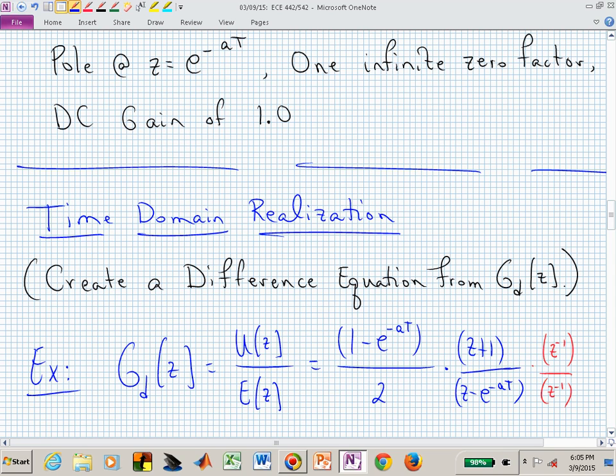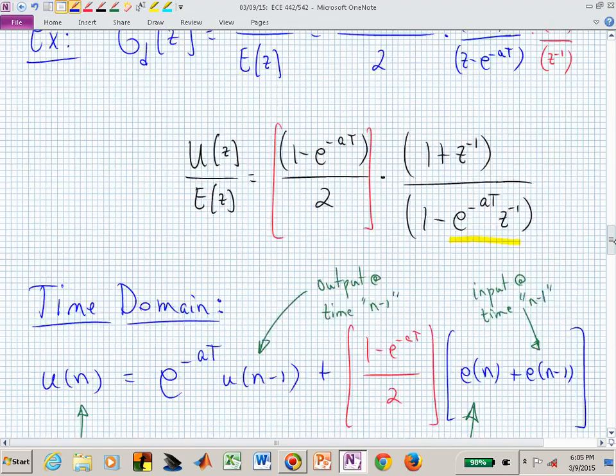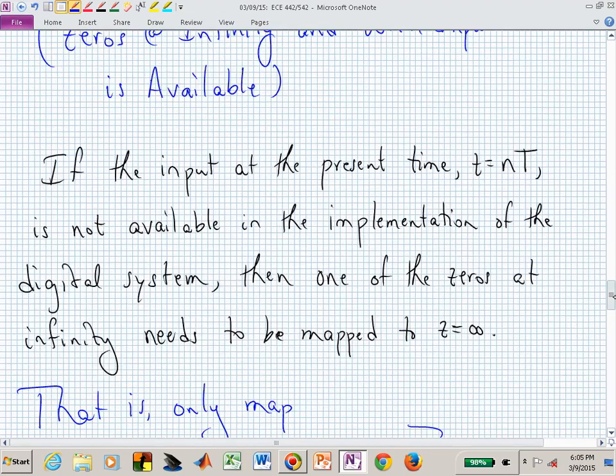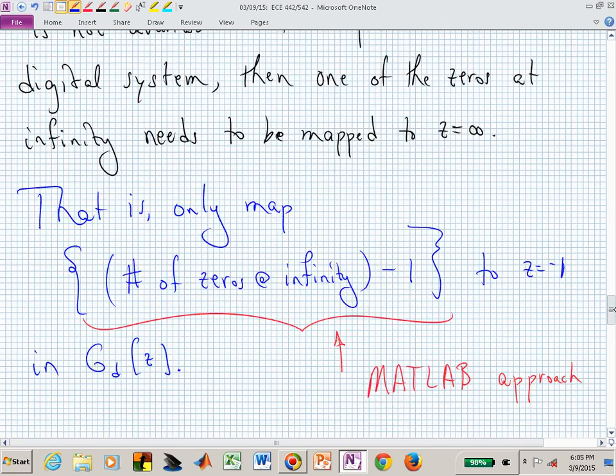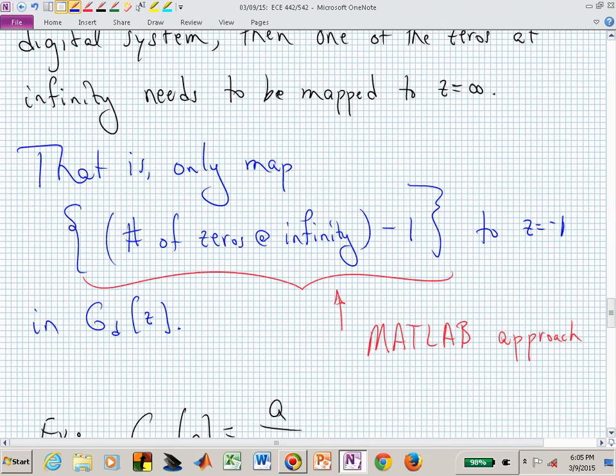You can simply use this approach: if you do have zeros at infinity, then you can simply reduce that number by 1, and that's preserving this one time step delay between the input and the output.